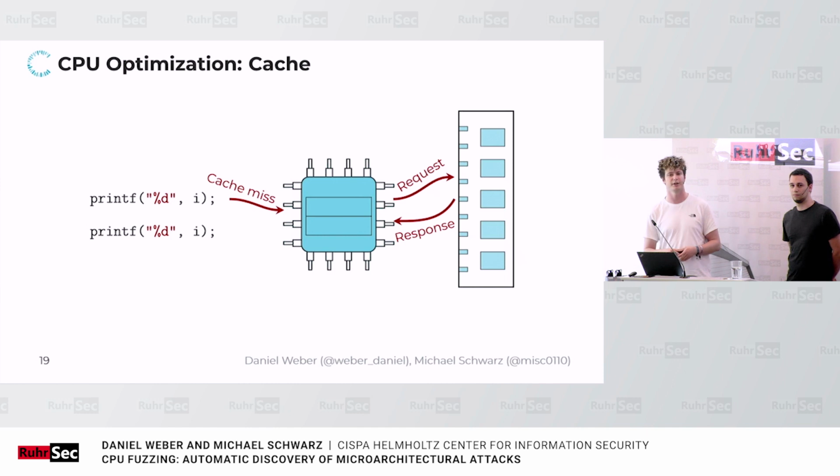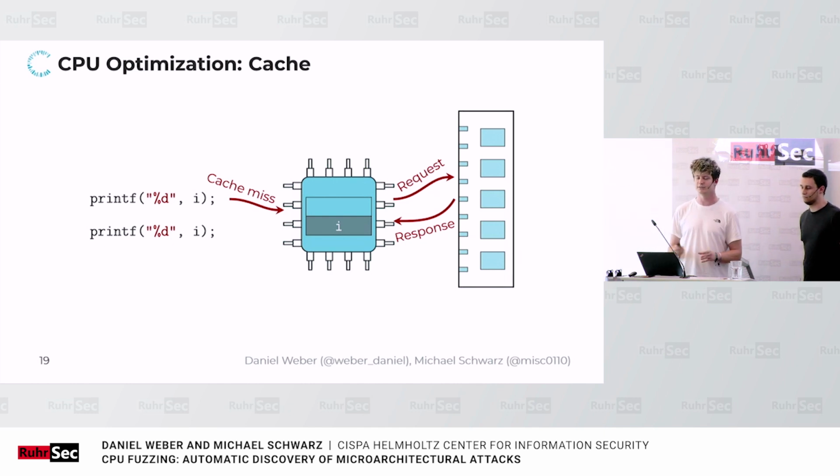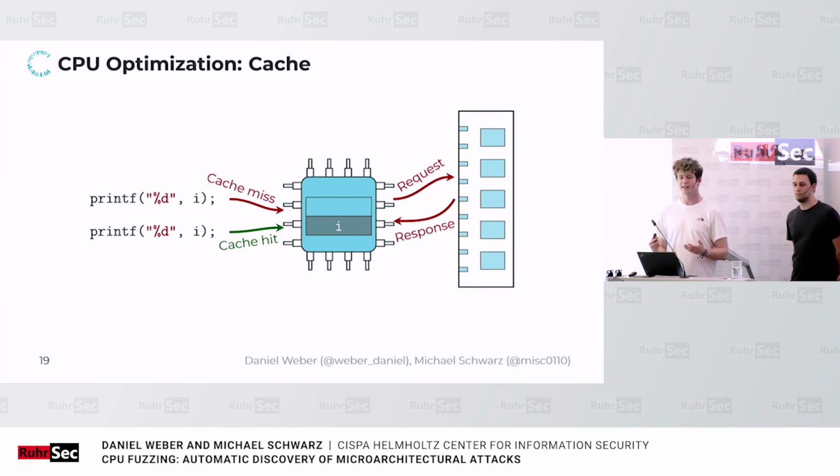At some point we get the response and put it into our CPU cache. We've also seen that we can now access that very fast. So our second access, a cache hit, can be served directly from the CPU cache instead of going to the DRAM again.